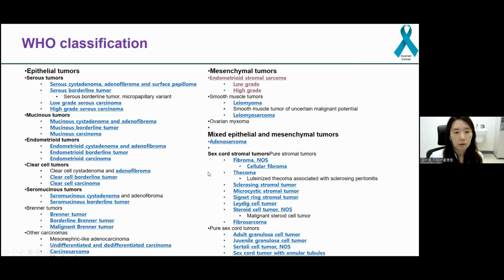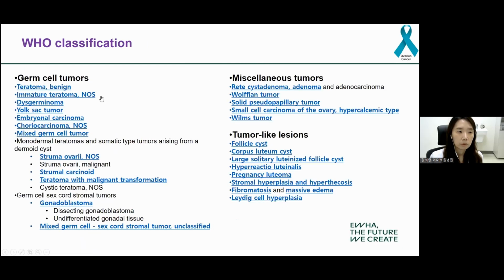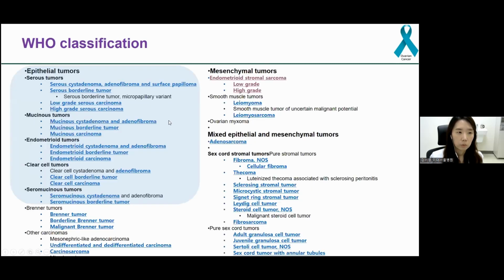Epithelial tumor is the major type, and there are also mesenchymal tumors, mixed types, sex cord-stromal tumors, and germ cell tumors. Today, we are focusing on the epithelial tumors of ovarian cancer.